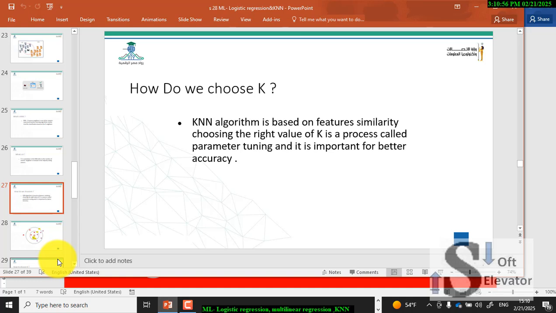The KNN algorithm is based on feature similarity. Choosing the right value of K is a process called parameter tuning. It's important for better accuracy. So parameter tuning is very important for better accuracy.